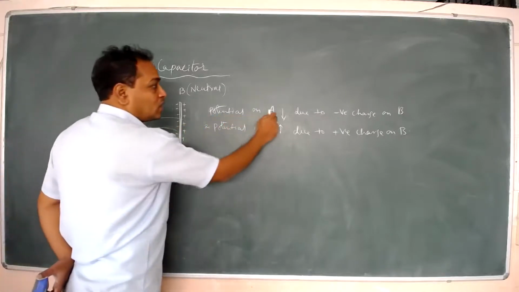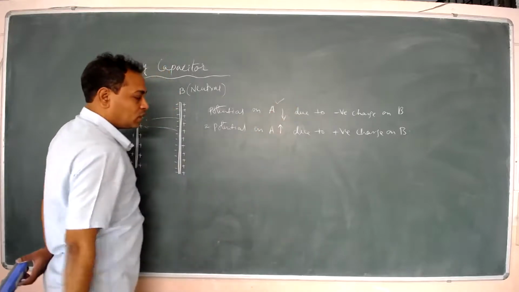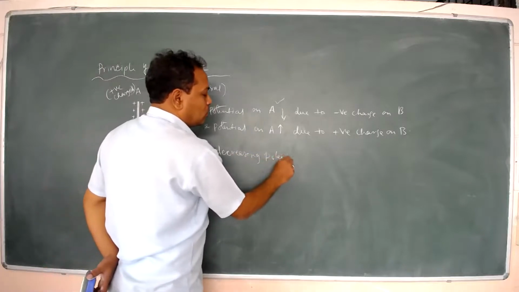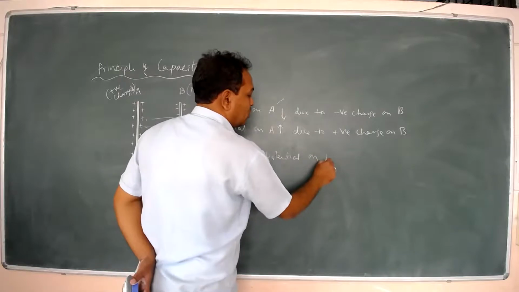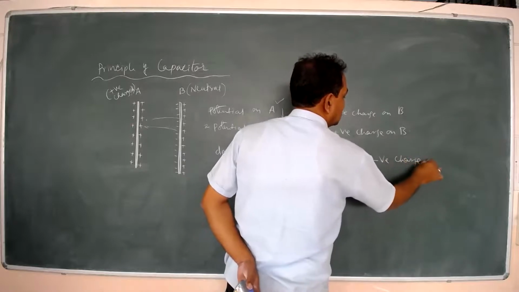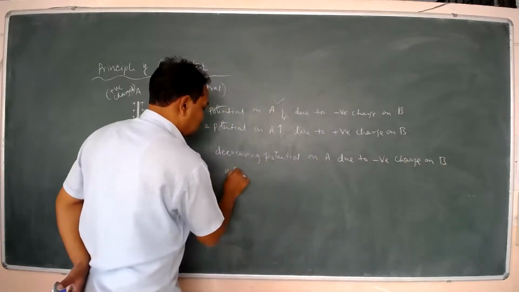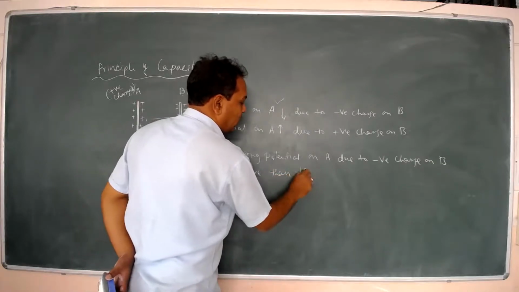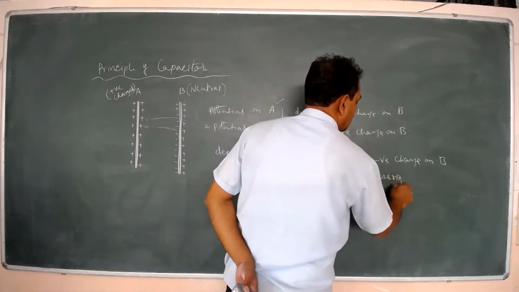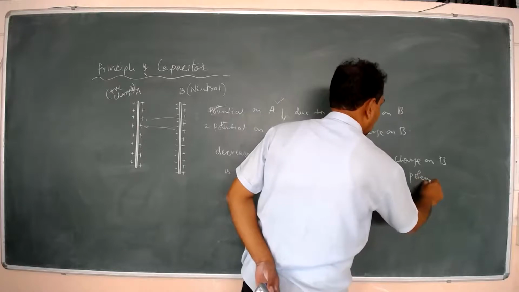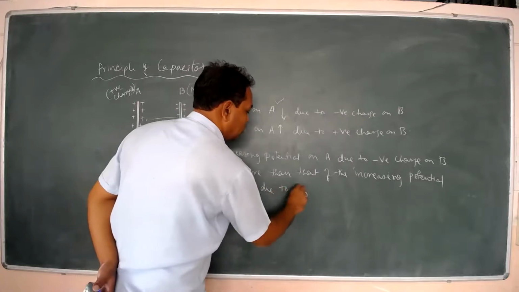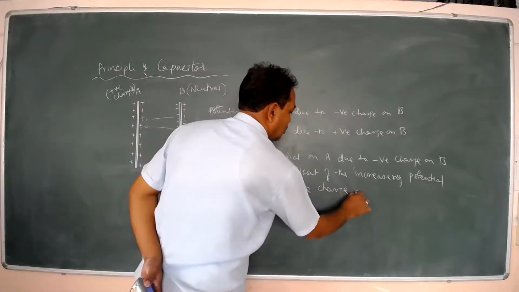That means the decreasing potential on A due to negative charge on B is more than the increasing potential on A due to positive charge on B.